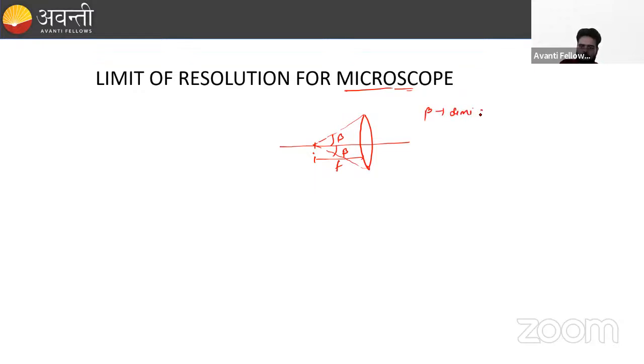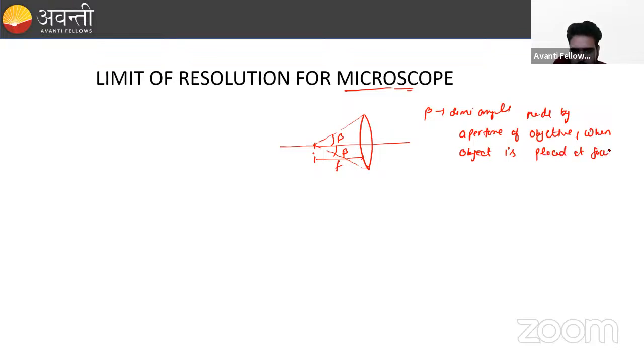What is beta? It is the semi-angle made by the aperture of the objective when the object is placed at focus.